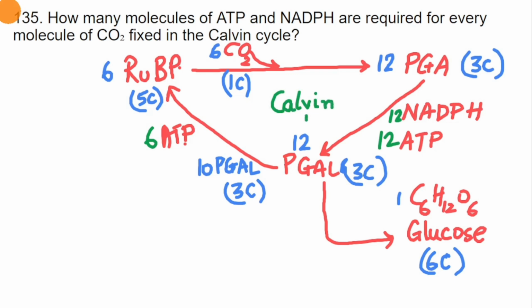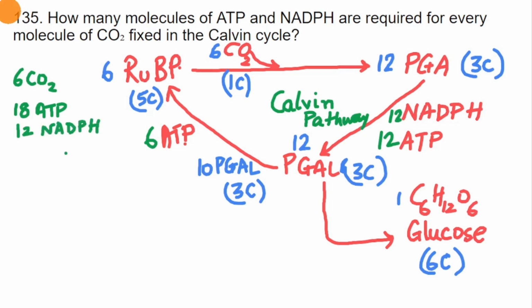Calvin pathway, 6 CO2 are fixed. So for fixing 6 CO2, ATP used are 18 ATP and 12 NADPH.